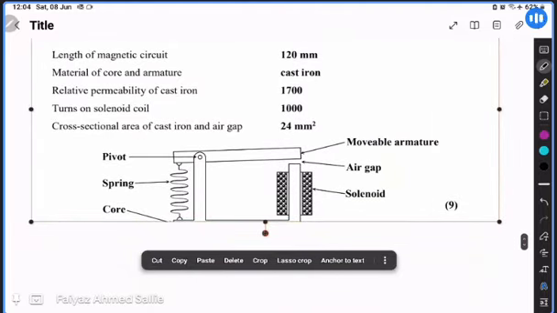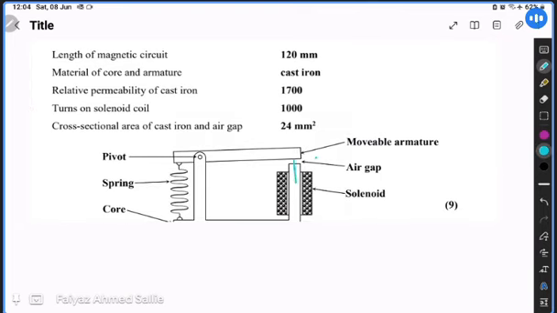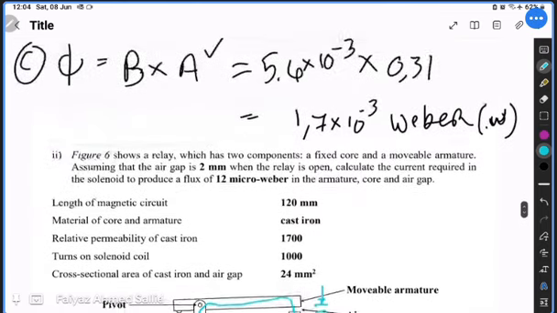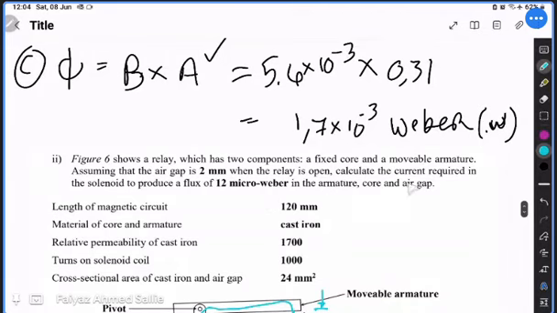And normally we would see students, they would just add this distance and assume that it's one material. But in actual fact, there's an air gap here. So we cannot add the limb, remember? And then this shape, let me just read the question.